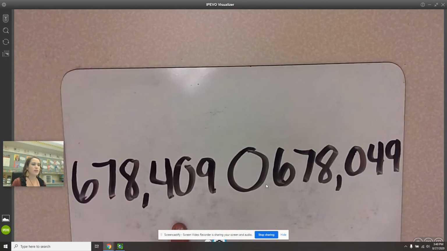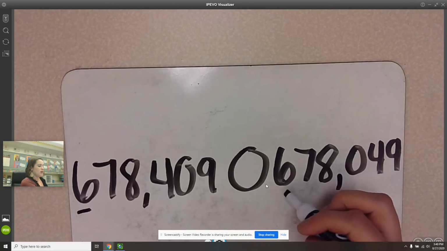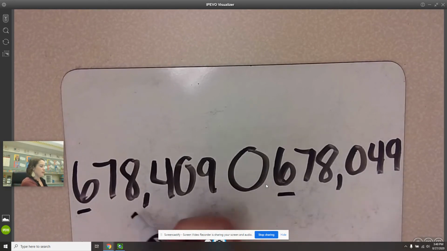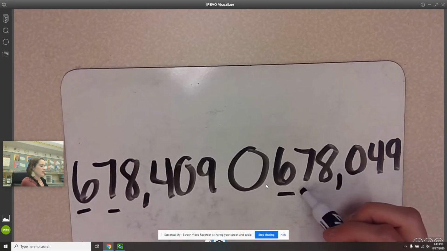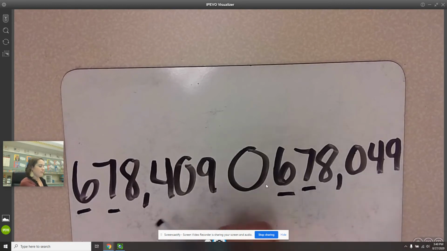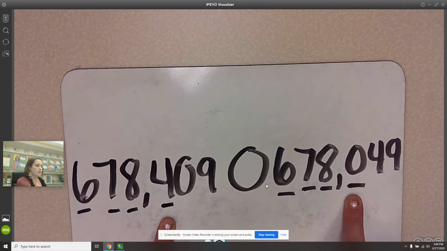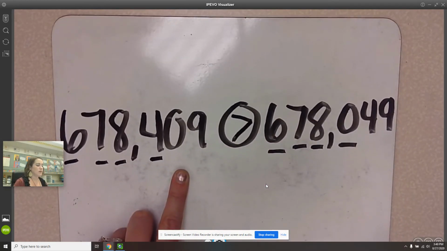We're going to look at our place values and see where they have changed. So our value in the 100,000s place is the same. The value in the 10,000s is the same. The value in the 1,000s is the same. Now look at the hundreds. Those are changed. 4 is greater than 0. So 678,409 is greater than 678,049.